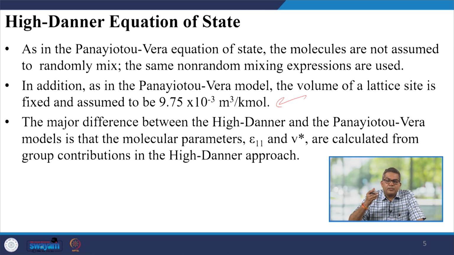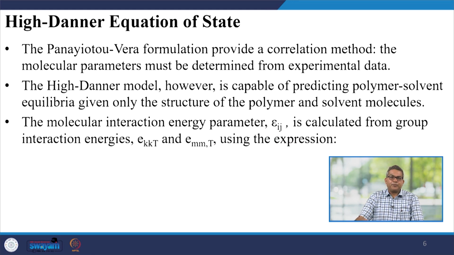The major difference between the High-Danner and the Vera model is that the molecular parameters, that is epsilon and a reference volume, are calculated from a group contribution in the High-Danner approach. The Vera formulation provides a correlation method, and the molecular parameters must be determined from experimental data. The High-Danner model, however, is capable of predicting polymer solvent equilibria given only the structure of the polymer and solvent molecules.